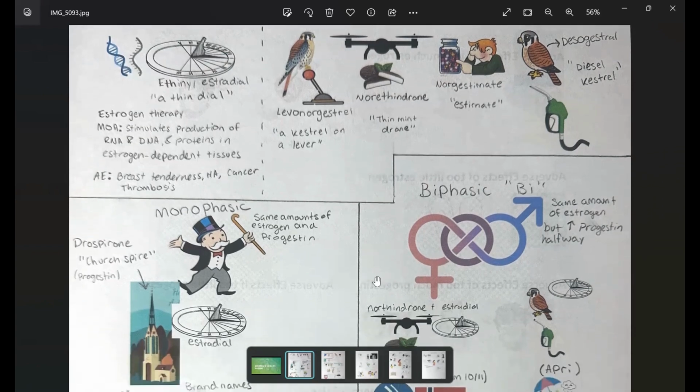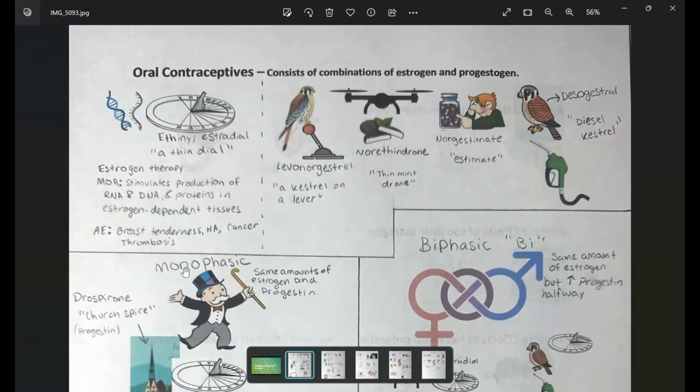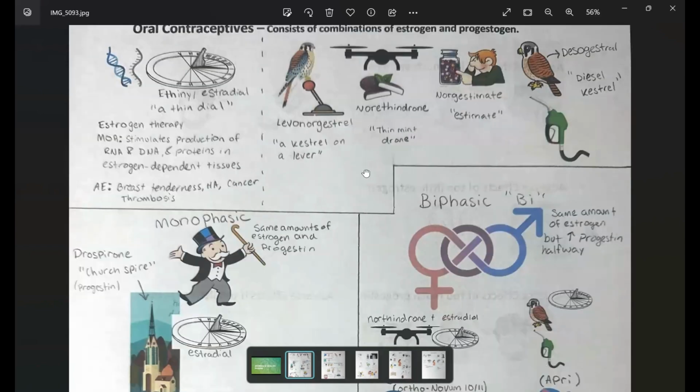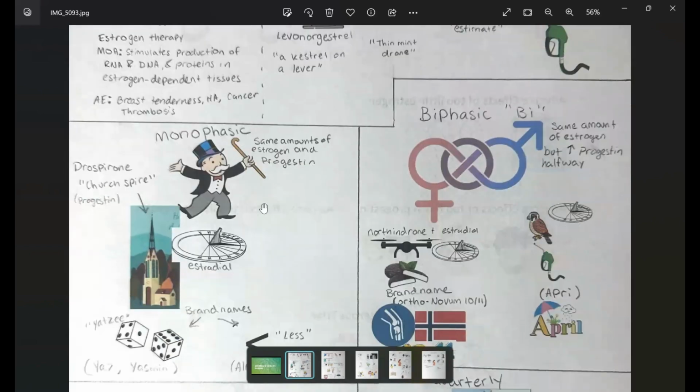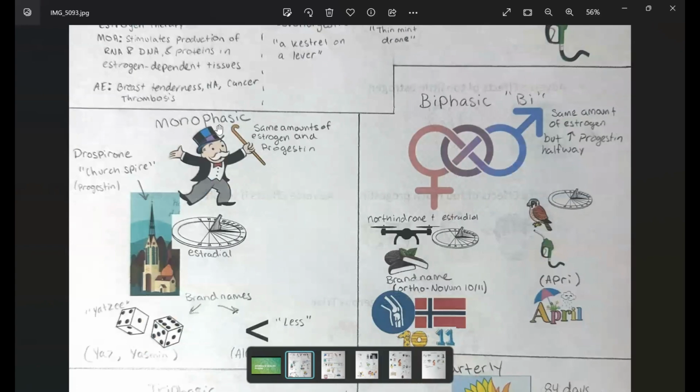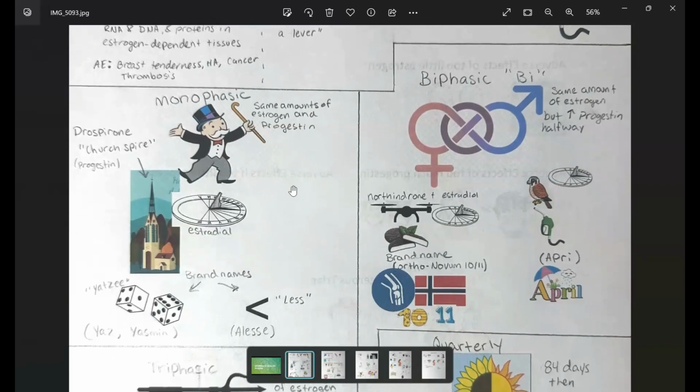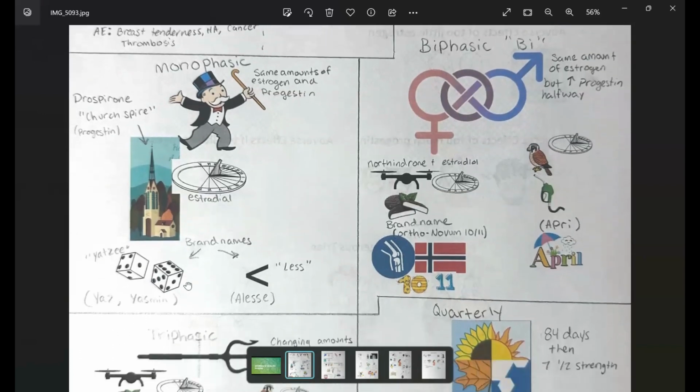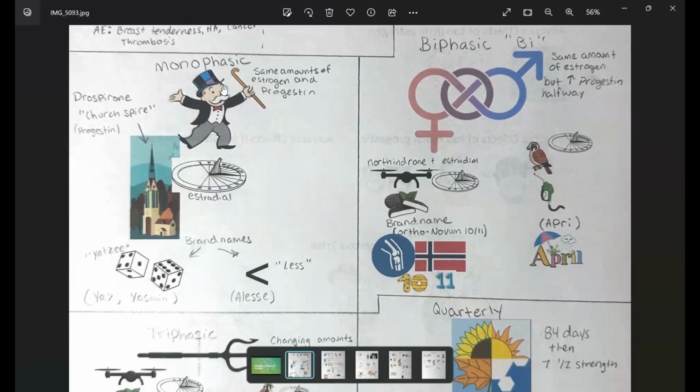But continuing on, you have different types of length of time of oral contraceptives. You have monophasic. So we have the Monopoly Man from monophasic. It's a combination of estrogen and progestin, but it is the same amounts throughout the entire time that you take it. There's a couple brand names here that are monophasic.